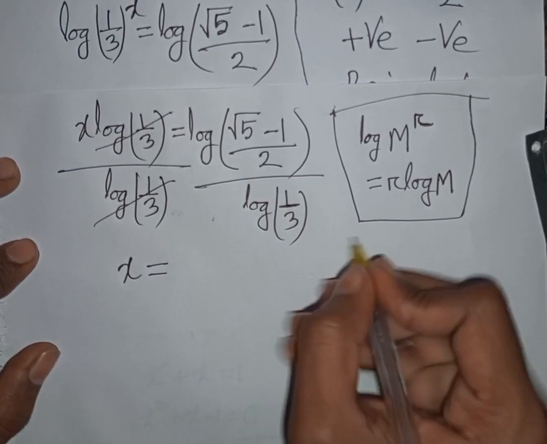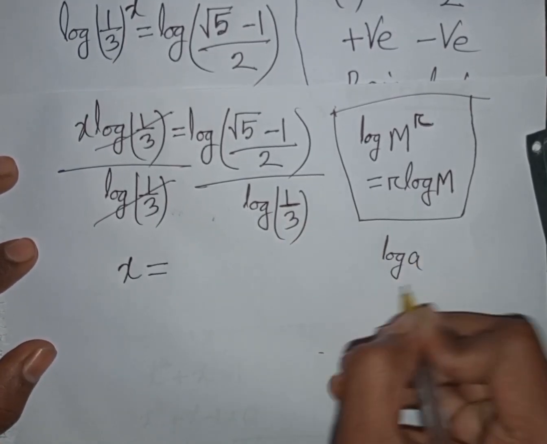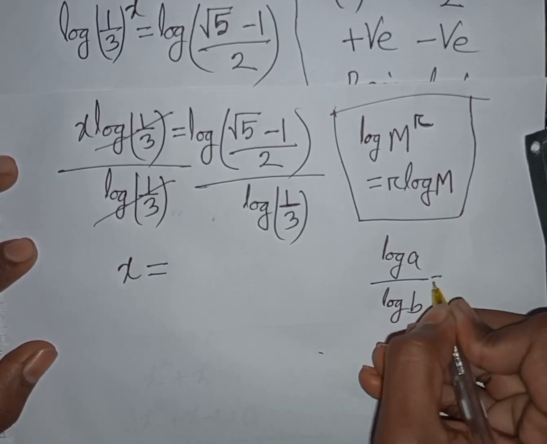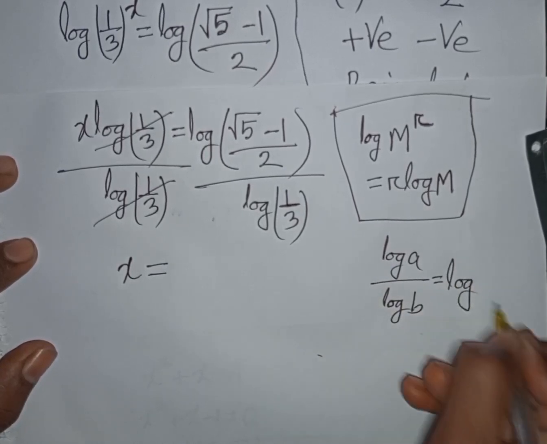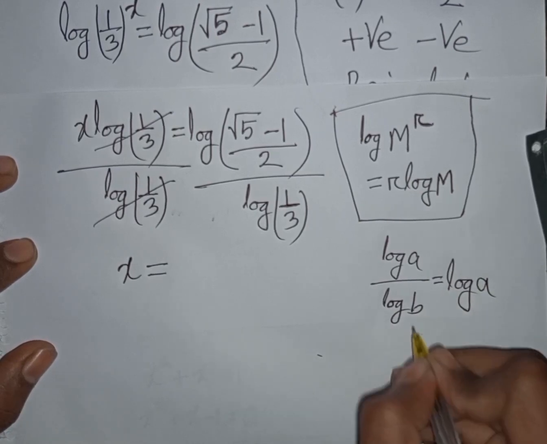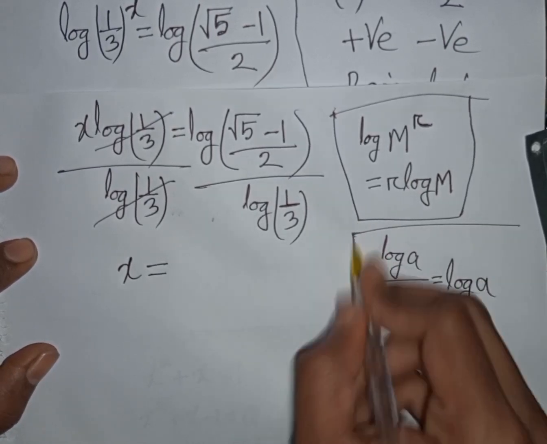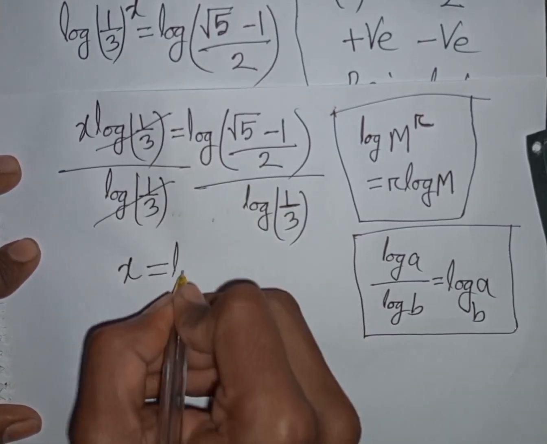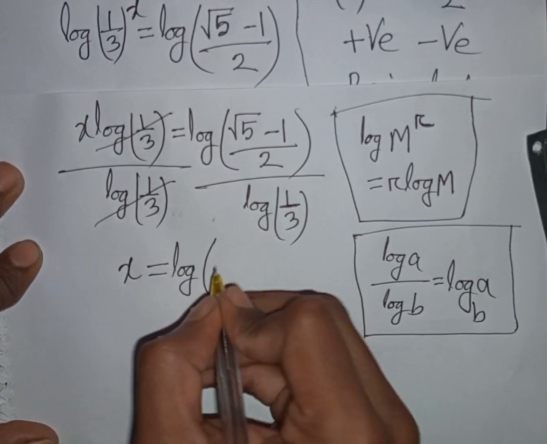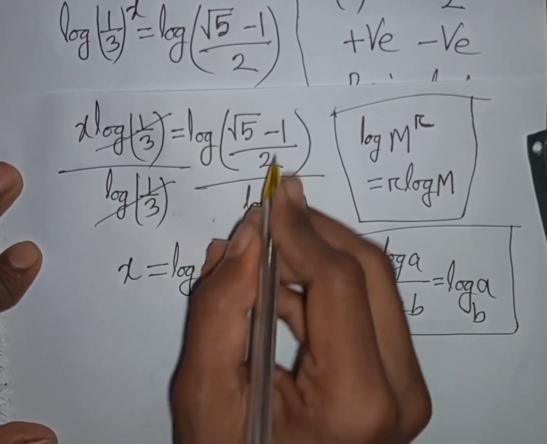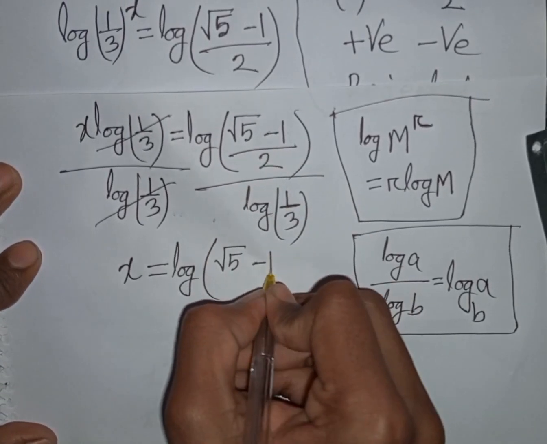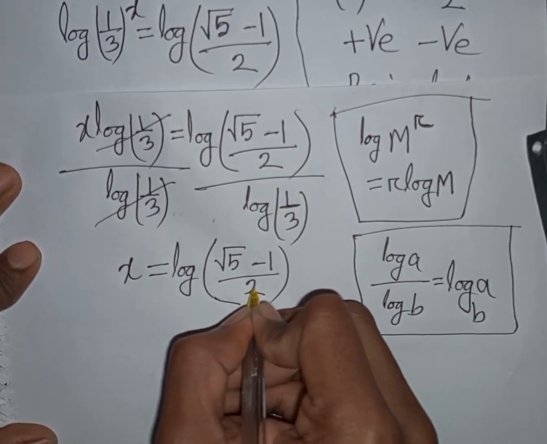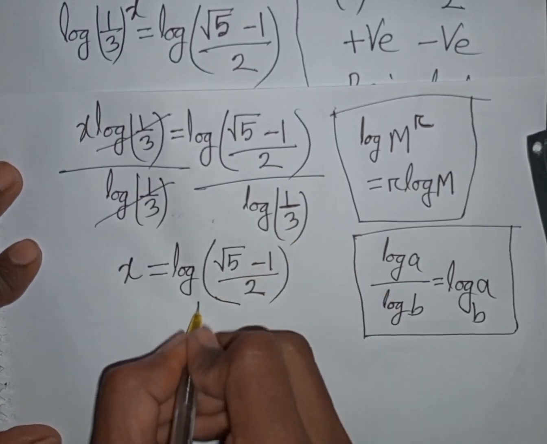That means here I can apply this formula: log a divided by log b is equal to log a base b. So according to this formula, x will be log of (square root of 5 minus 1) over 2, with base 1/3.